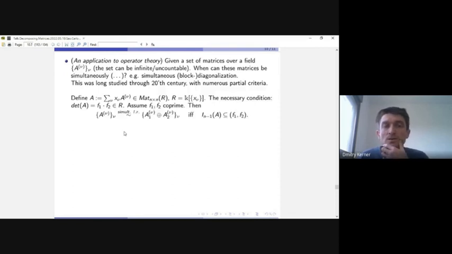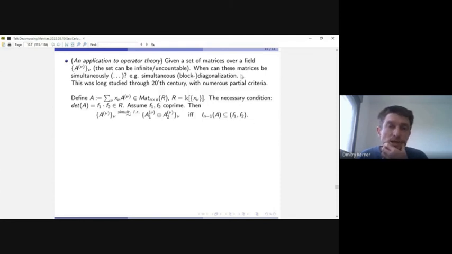And then these matrices can be simultaneously block diagonalized by left-right equivalence if and only if the ideal of almost maximal minors sits inside F1, F2. So this is an answer to some old question.